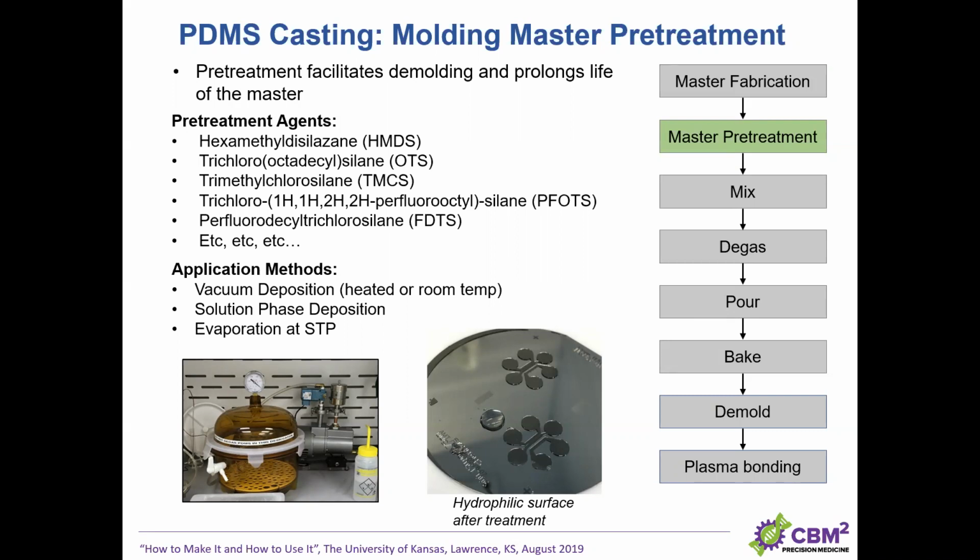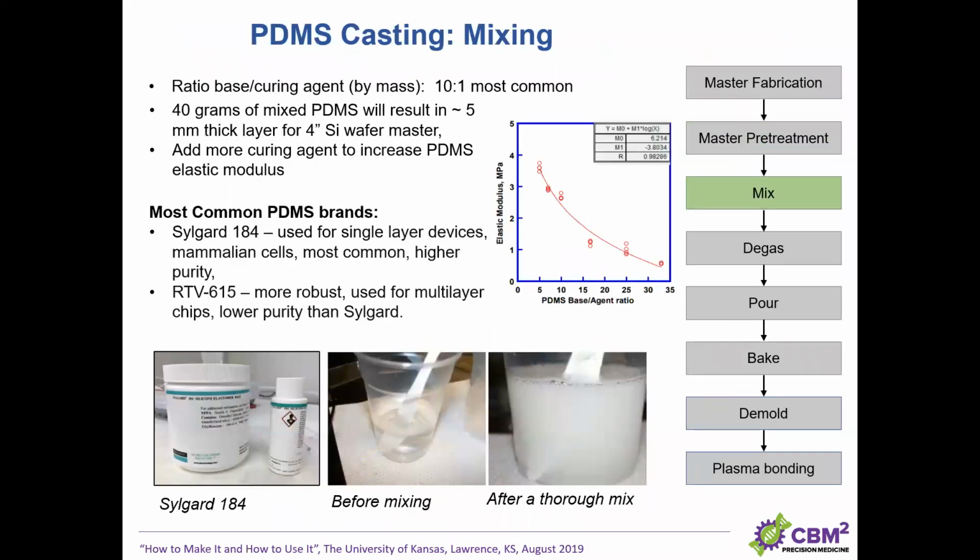The simplest setup is to put your master inside a desiccator, put a few drops of one of the pretreatment agents, evacuate the desiccator and leave it for a couple hours. The vapors will redeposit on the master and give you a nice thin coating that improves demolding.